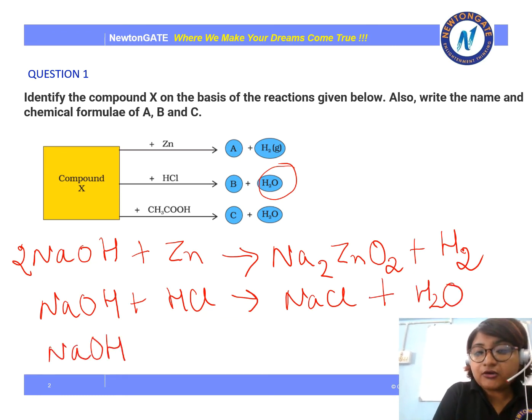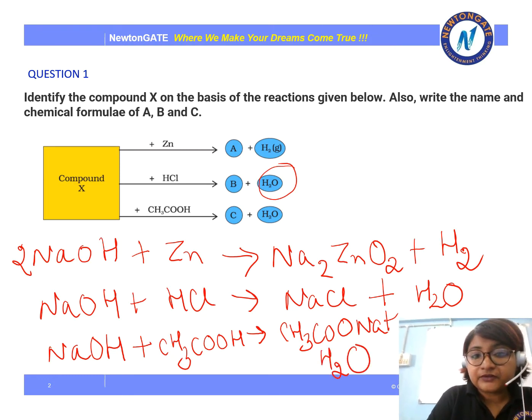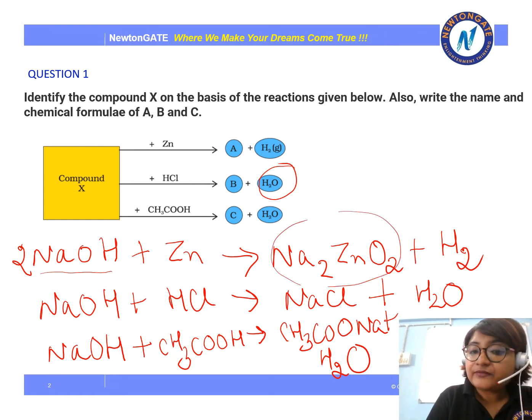NaOH also reacts with acetic acid to give you sodium acetate and water. So your X is sodium hydroxide, your A is sodium zincate, your B is sodium chloride and your C is sodium acetate.